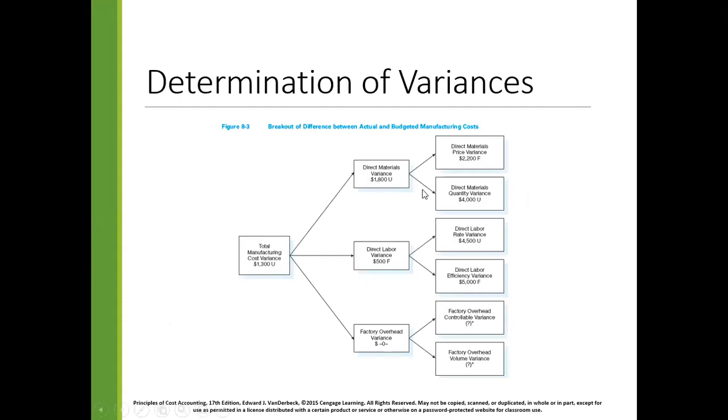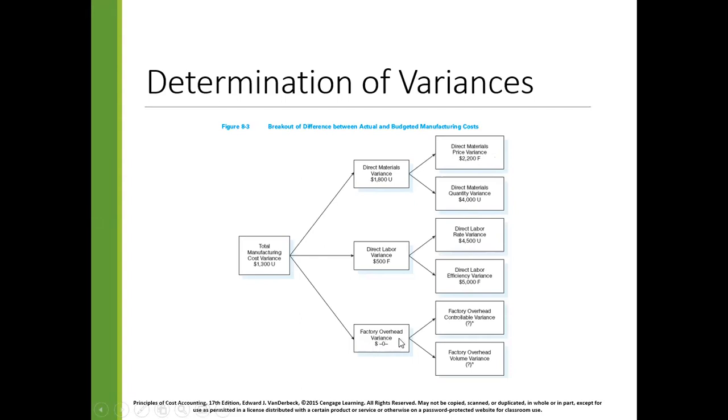Again, we're going to get practice with these calculations together because the PowerPoint slides really don't give us very good examples. But if we're thinking about that direct materials variance, we can break that down into either a price variance or a quantity variance. When we're thinking about that direct labor variance, we can break that down into a rate variance or an efficiency variance.